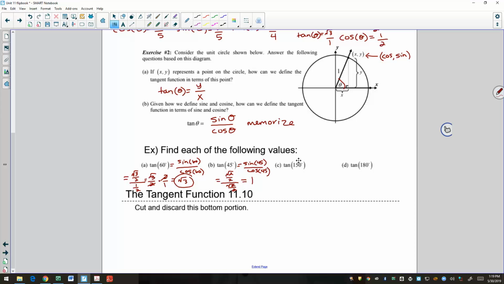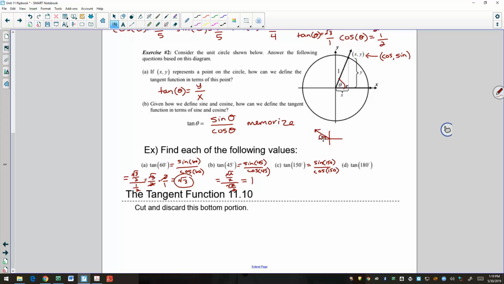We do not know 150's sine and cosine value. I will rewrite it as the sine of 150 over the cosine of 150. I don't have those memorized, but I do know that 150's reference angle, if I drew 150, is 30.